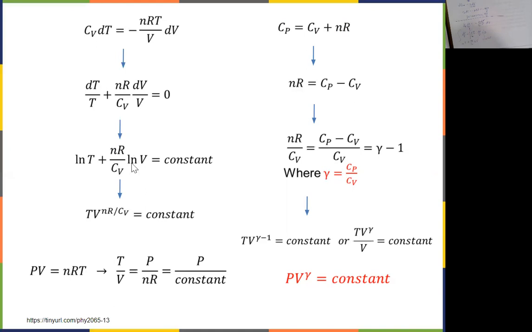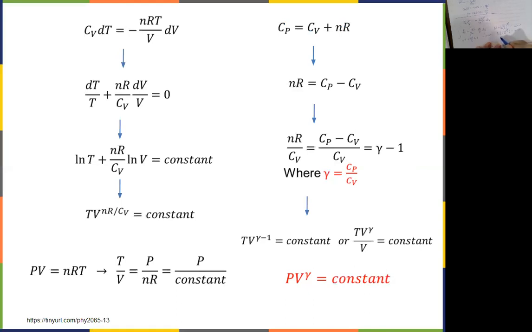Now this can be rewritten as the natural logarithm of V to the power of nR over CV, right? So then you have ln of T plus that equals a constant, which becomes ln of T times V to the power of nR over CV equals a constant.